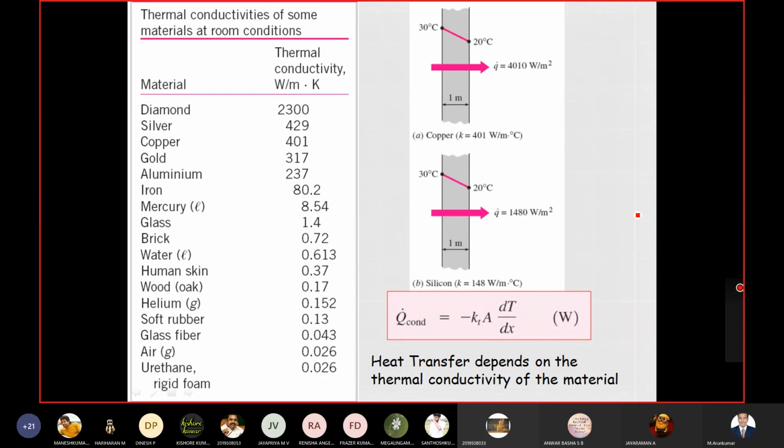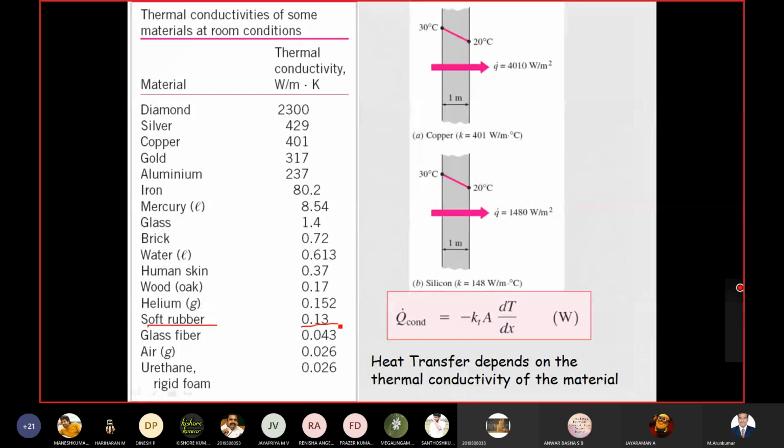Silver has 429 watts per meter Kelvin. The unit of thermal conductivity is watts per meter Kelvin. Diamond has a higher thermal conductivity kT value than urethanes, and rigid foams have lower kT values. We can take soft rubber as 0.13 watts per meter Kelvin kT value.